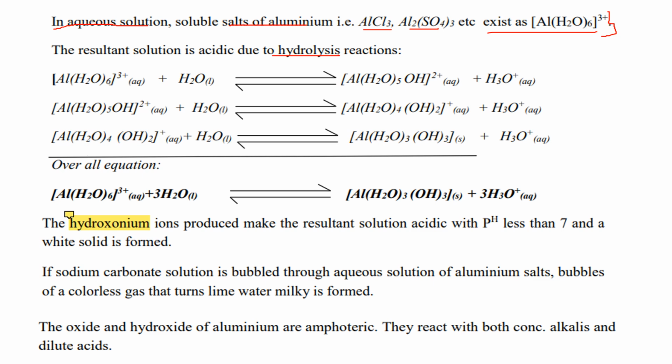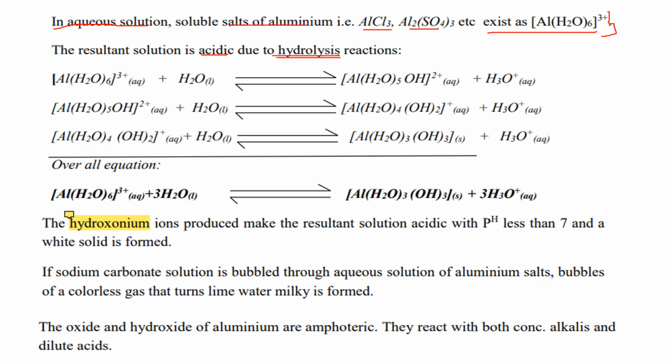As you are supposed to cover this topic under salt hydrolysis, it will also be covered fully on this channel. So make sure that you visit that video and you take the notes. So you're saying that the resultant solution is always acidic. The main reason is due to salt hydrolysis. And how does the hydrolysis take place?